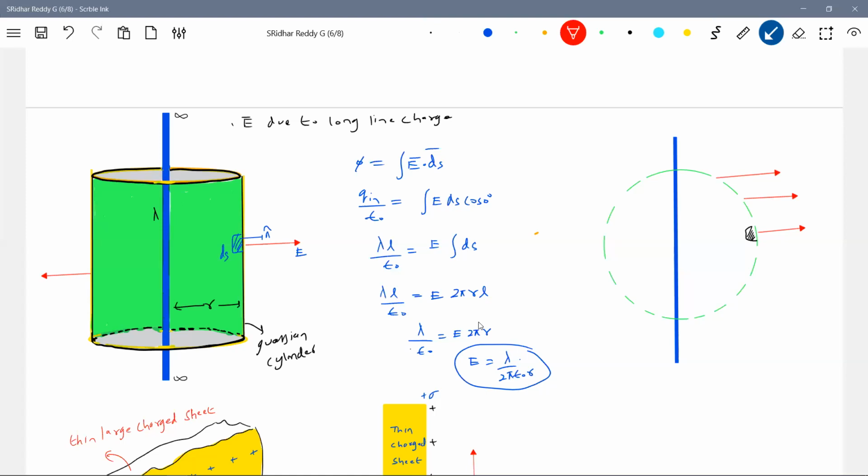I'll show it only at 3 places. Look at n cap. N cap should be radially outward. So here E1, E2, E3. So what is this? Gaussian sphere. There's a point charge. Also, there's a line charge.